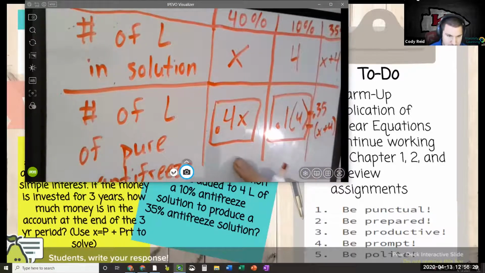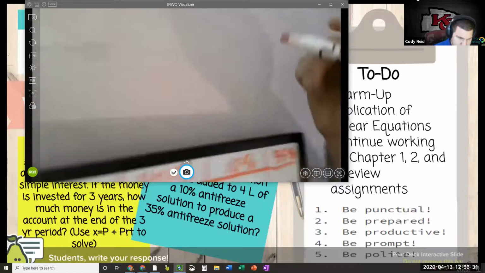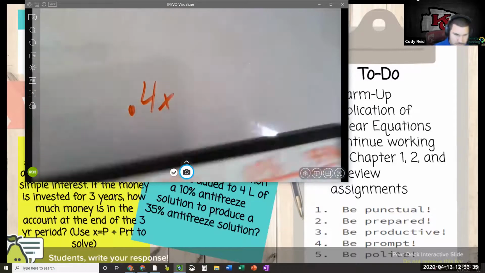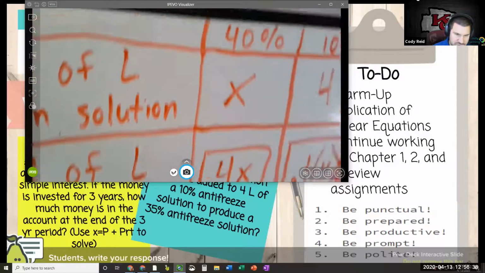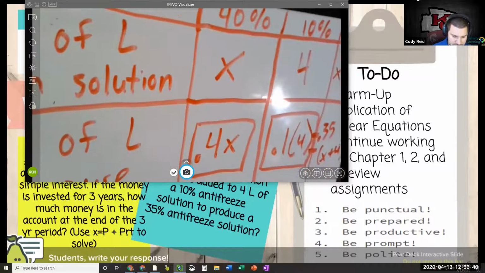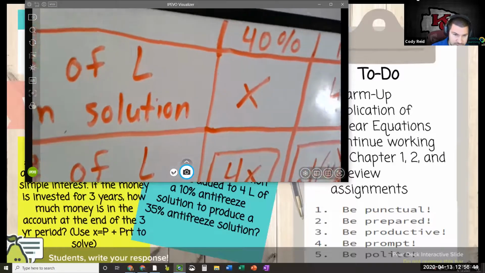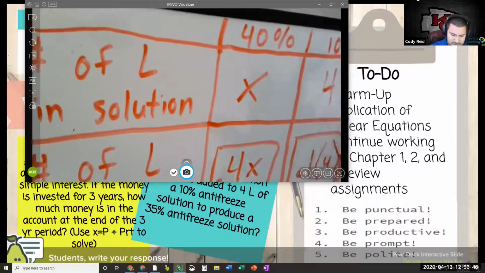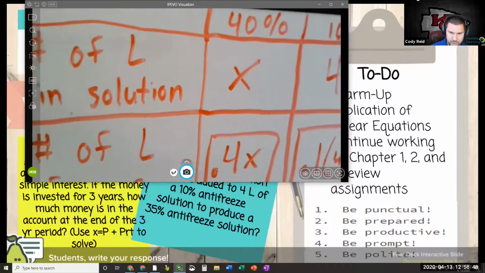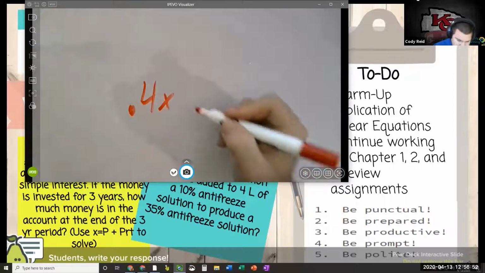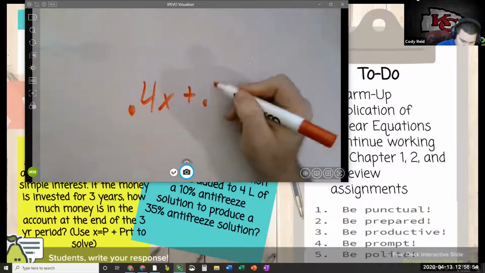So we're going to use 0.4x, because that represents our 40% solution, because we've got to figure out how much we've got to mix in. 10% is 0.1 times 4, or 0.4. And remember, we're adding those two together.